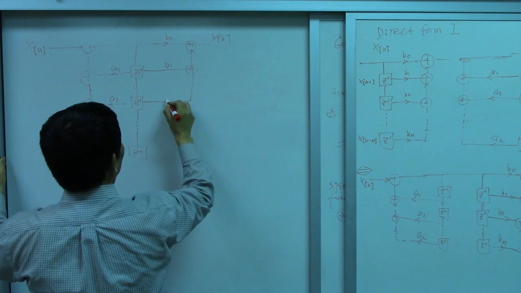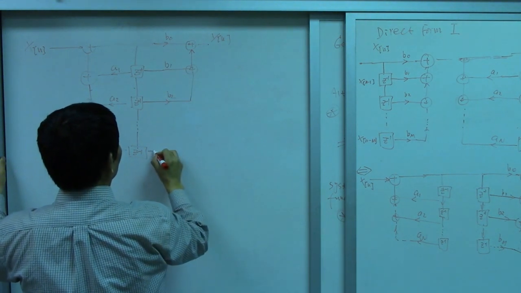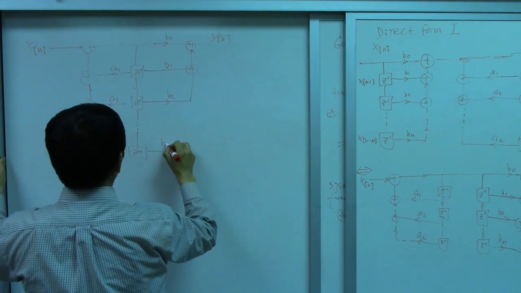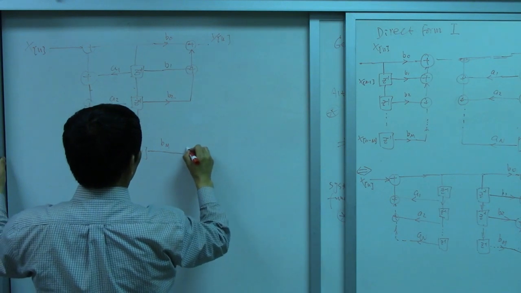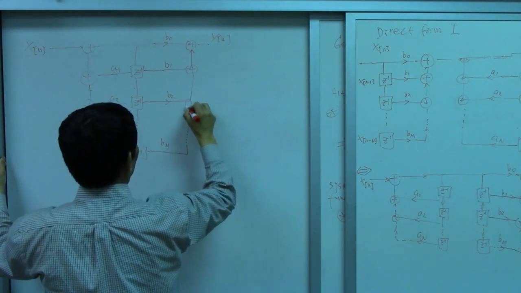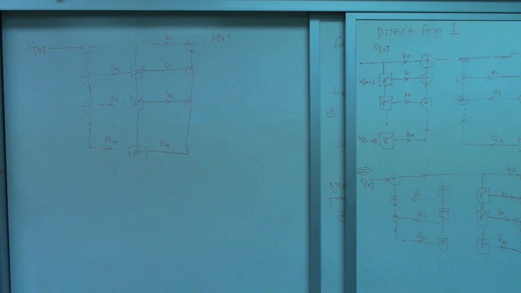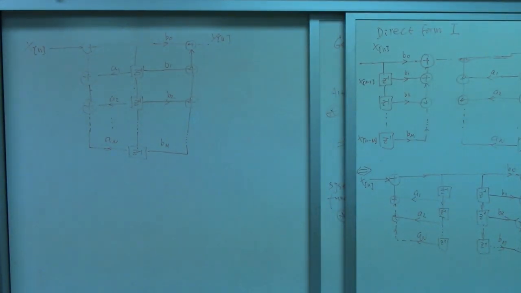So there's another one, so B2, and this one here, BM, right? And like this. Is good? Right? So this is called direct form 2. Right?